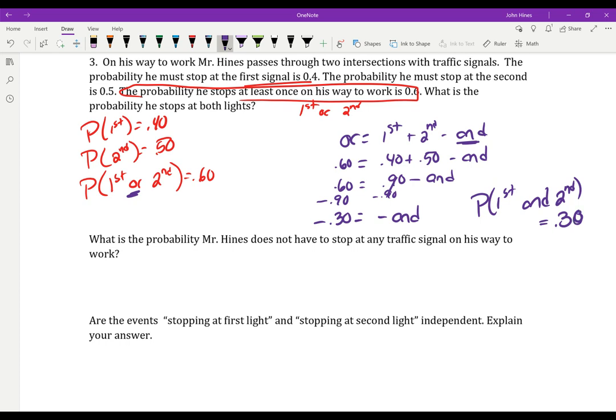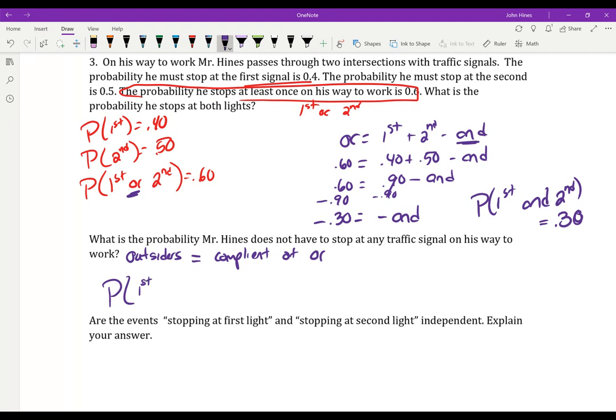What's the probability I don't have to stop at any traffic lights? So that's not the first and not the second. So this is the outsiders here, right? The outsiders is actually the complement of OR.